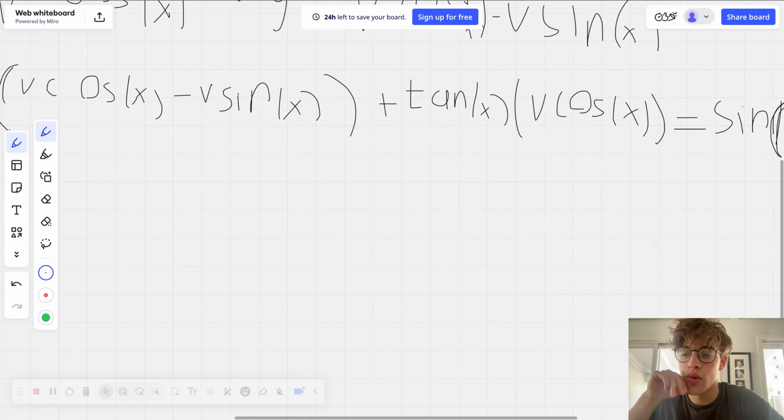All right, cool. And now these negative positives go. We get v prime cosine x equals sine x.